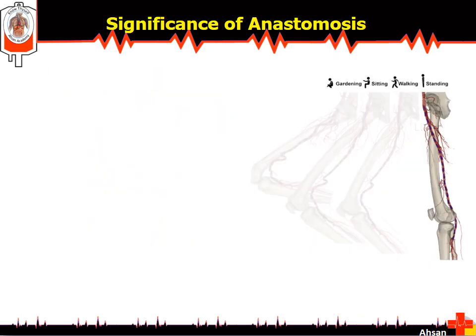The significance of the anastomosis is, you can imagine, when remaining straight, easily arterial blood can go down, but when we bend the knee joint more, there will be kinking or narrowing of the popliteal artery because of the pressure.